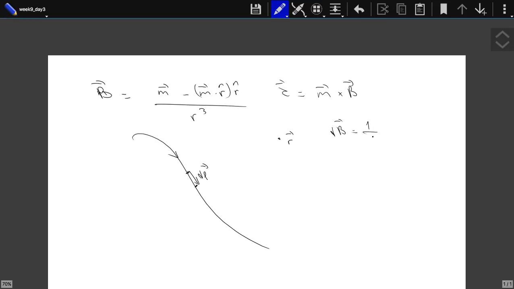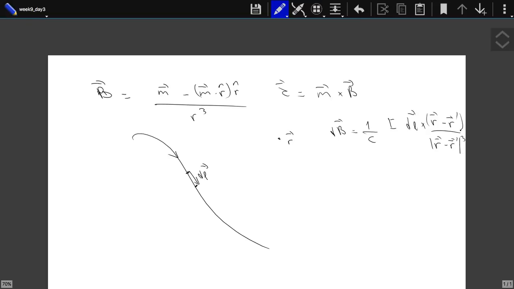The overall coefficient in this expression is some constant which has the units of inverse speed, so we just call that speed c, and the overall constant is 1/c times I times dl cross r minus r prime divided by the magnitude of r minus r prime cubed.